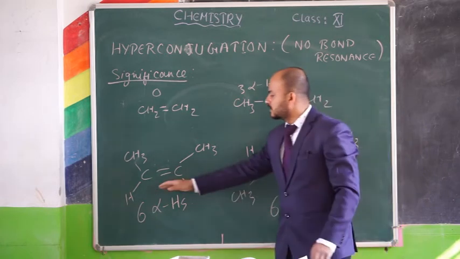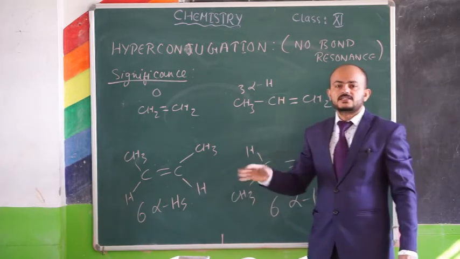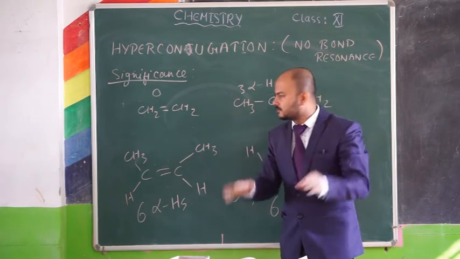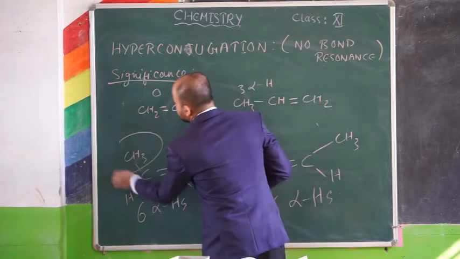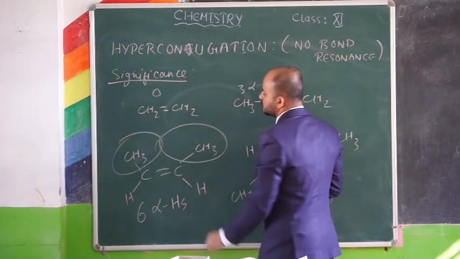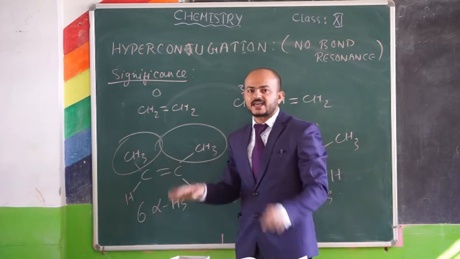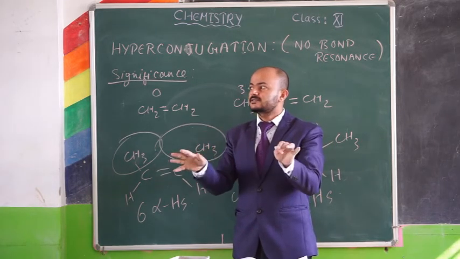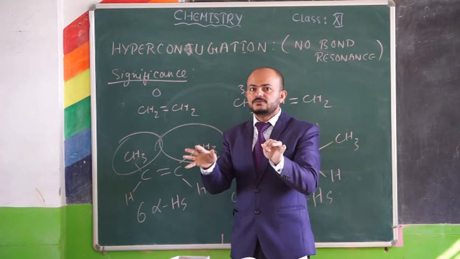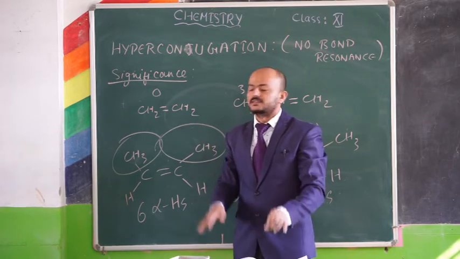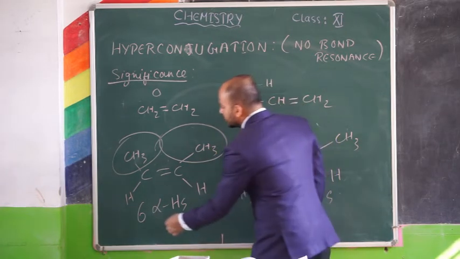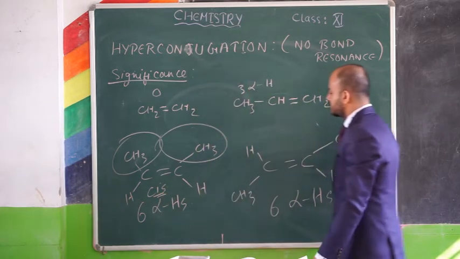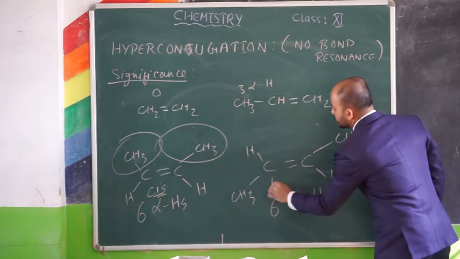And you tell me now, in such cases, the stability will be decided by what? The position of the bulkier group. You can see that this CH3 is a bulky group and this CH3 is also a bulky group. Since they are lying on the same side, they will be interacting with each other. Whenever there is interaction between these bulky groups, they tend to be less stable. Therefore, you have to always remember this cis form is always less stable compared to the trans form.